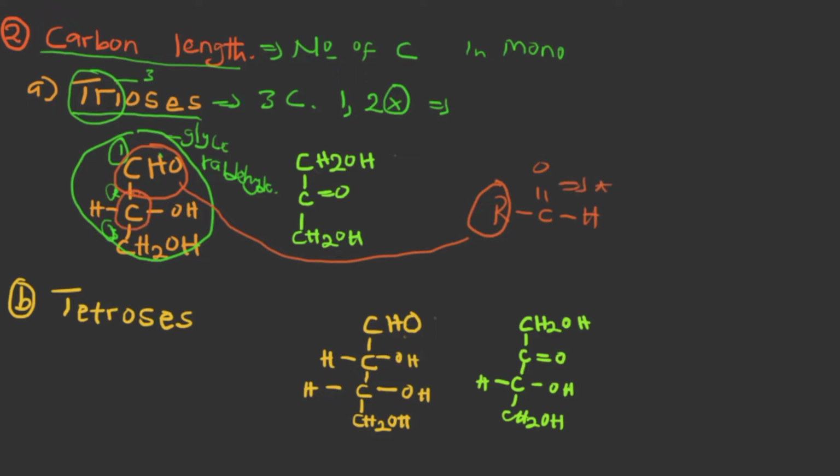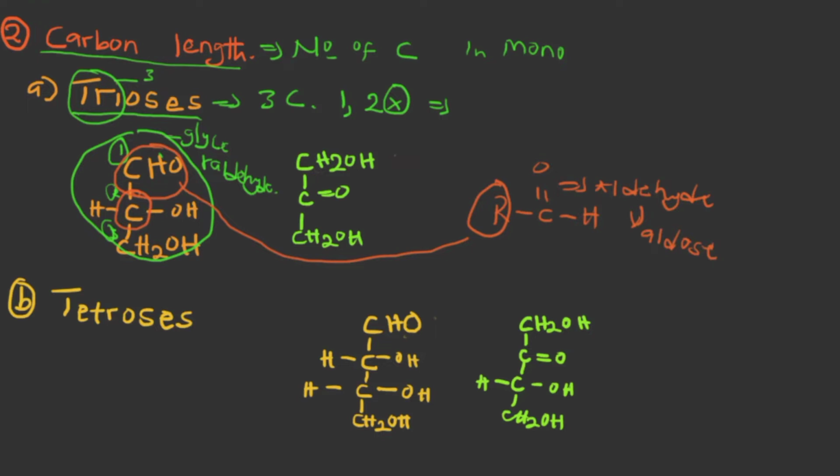This group is an aldehyde group, right? And when we have an aldehyde functional group in a monosaccharide, we'll call that monosaccharide an aldose sugar. Okay, an aldose monosaccharide. So basically, glyceraldehyde is an aldose monosaccharide that has only 3 carbons.